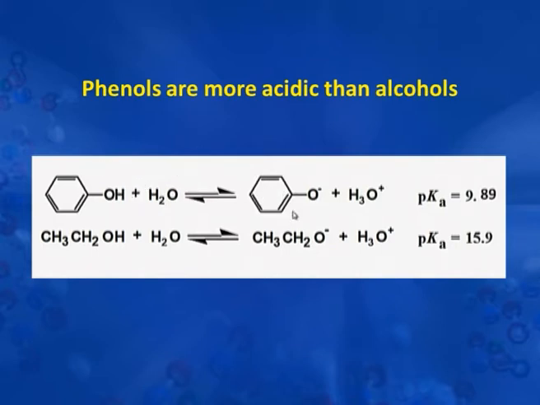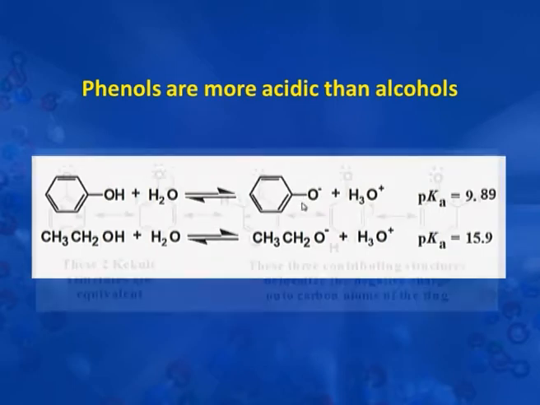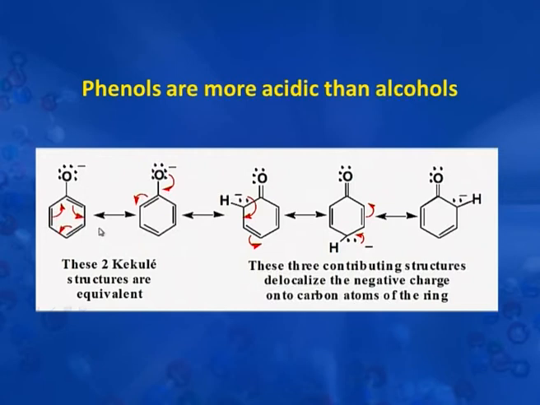If we look at the stability of phenoxide, we will find that it is highly stabilized because of resonance. Here you can see that this phenoxide ion delocalizes its non-bonding electron pair with the pi electron cloud of the benzene ring.